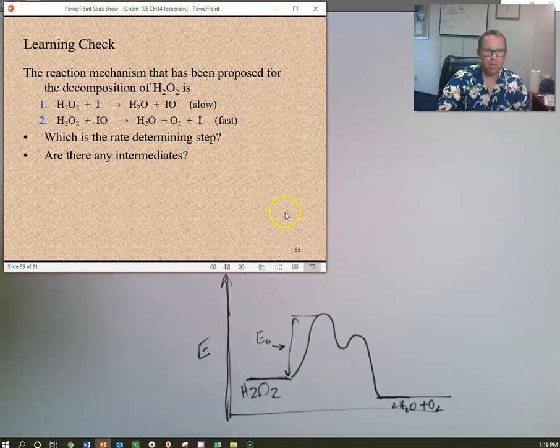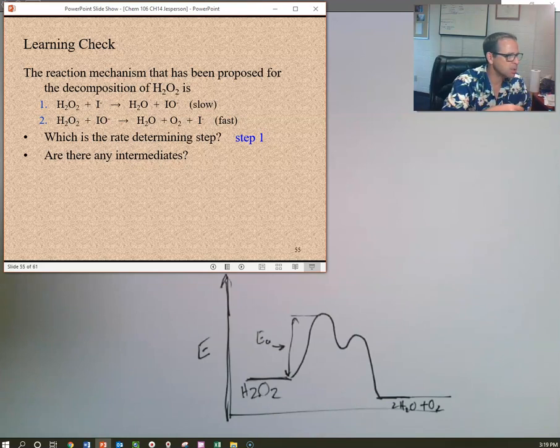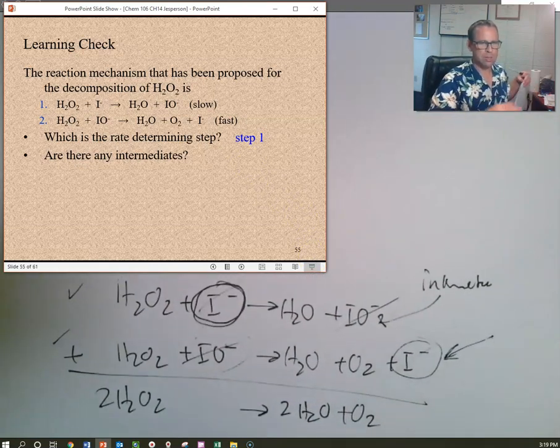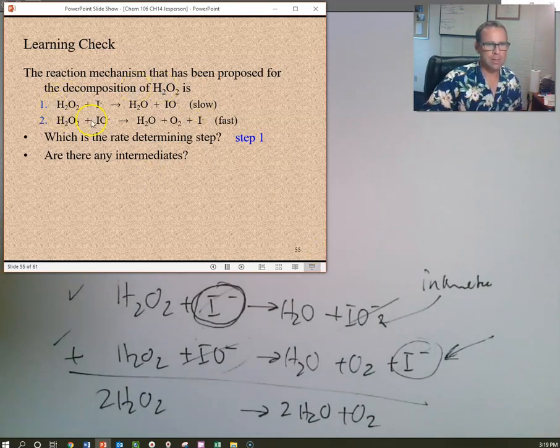Okay, very good. So, what's the rate determining step? It's the first one. Are there any intermediates? What are the intermediates in this process, Camille? Is there an intermediate? Let me see here. So here I have those same steps written that are written in this slide.